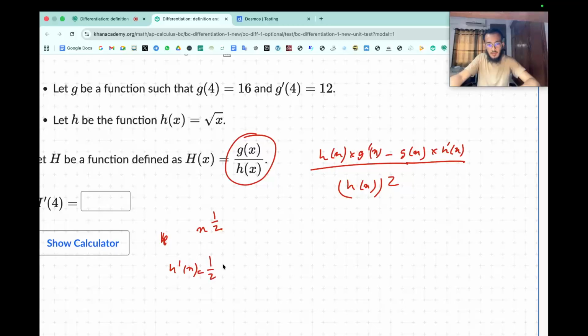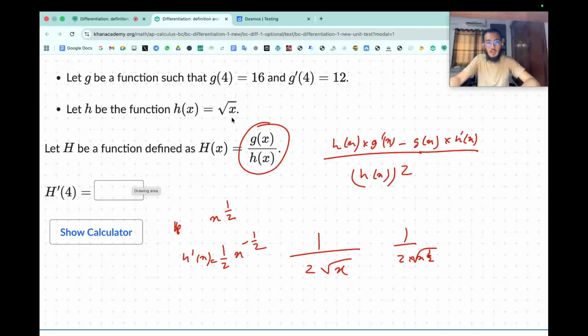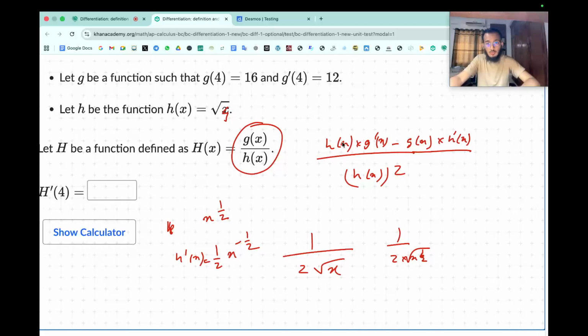half x to the power minus half, or 1 upon 2 root x, because negative half means 2 is there in the denominator, and half means basically root. So how does that work? We need h(4); we can plug in 4, so it's 2.